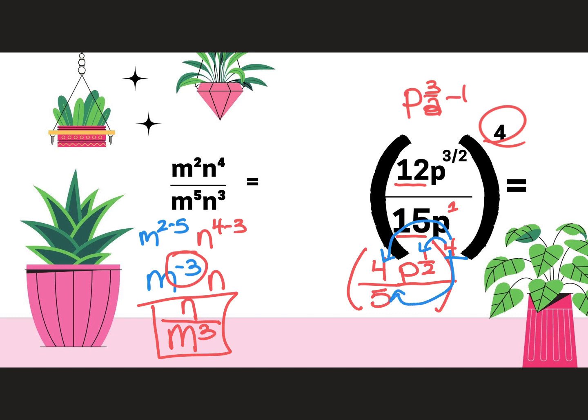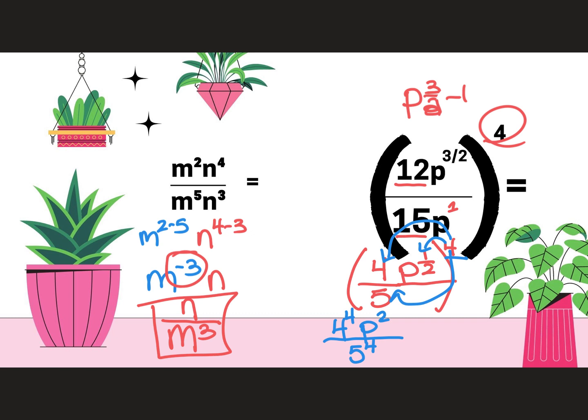So if I expand, I have 4 to the power of 4. And p, what is 1/2 times 4? Remember the product of power rules? It says we multiply. Well, that's p to the 2nd. And in our denominator, I have 5 to the power of 4.